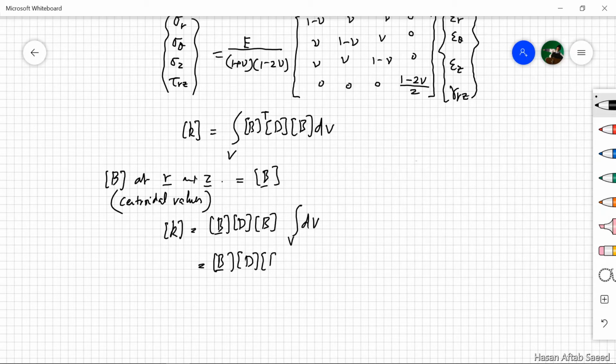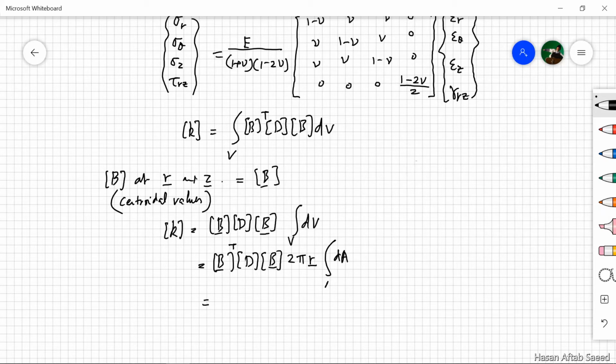We can convert the volume integral into an area integral by using two pi r, the circumference formula, and again R is the centroidal value of the radius.